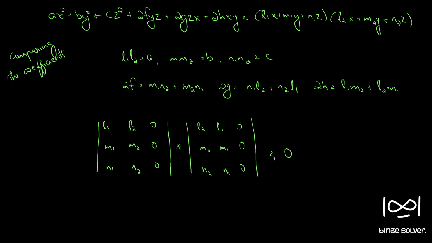You can say that this is equal to 0, right? Two determinants with zero rows will give the result as 0.